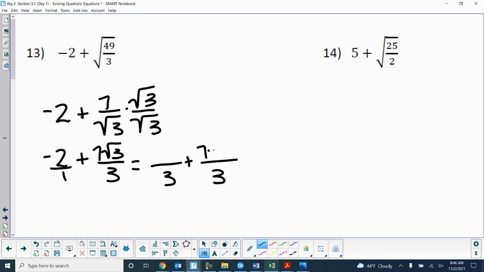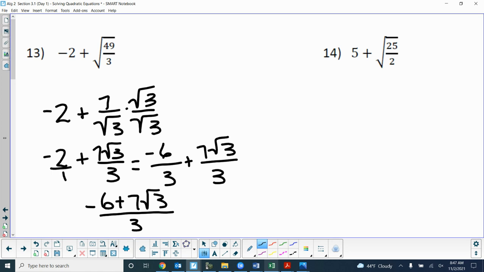I told you to do this, didn't I? What's the new numerator? Negative 6, right? I multiplied by 3, negative 2, to get the negative 6. So it's 7 plus negative 6. Oops. Gotta write my 7 first. Radical 3 all over 3, right? It becomes one fraction then. Okay? Questions?